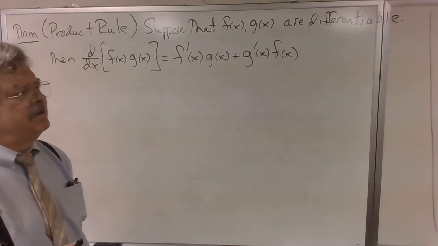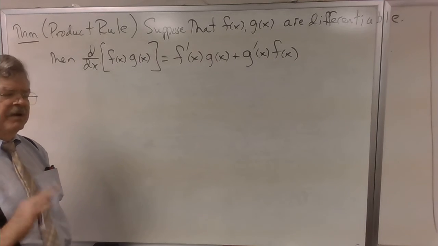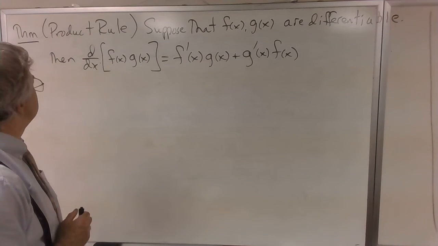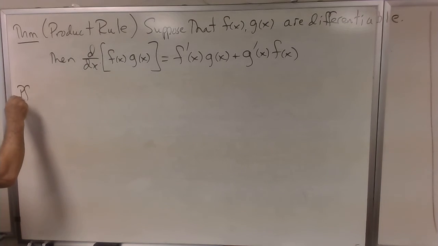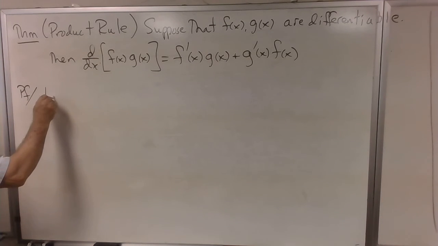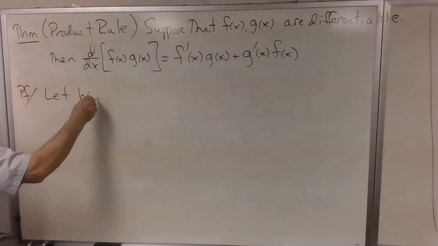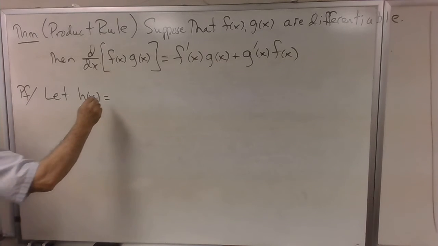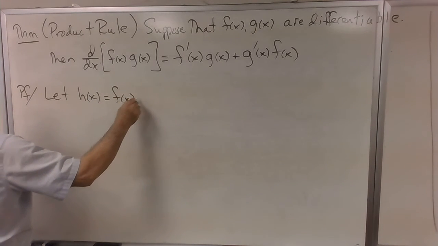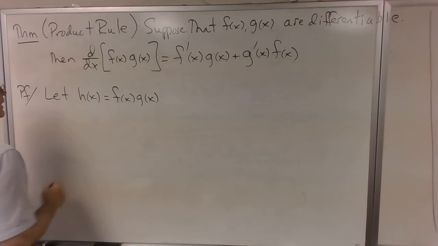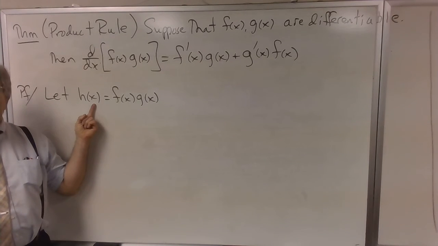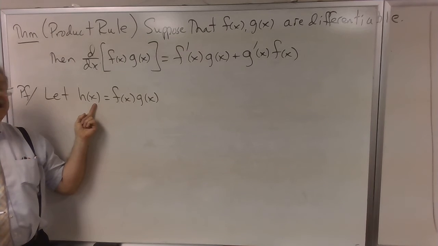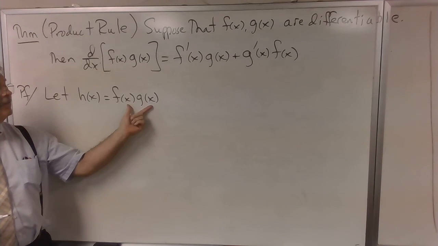Appearance-wise, it's a little bit different than what you're accustomed to seeing, but completely equivalent. To do this proof, I'm just going to introduce an auxiliary function, h of x, which is the product of f and g.